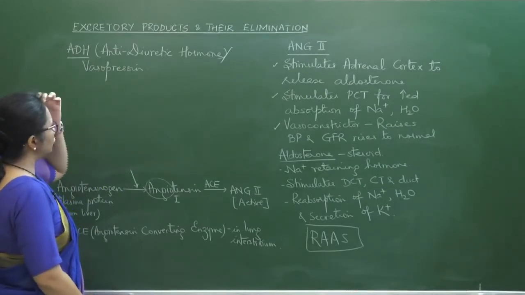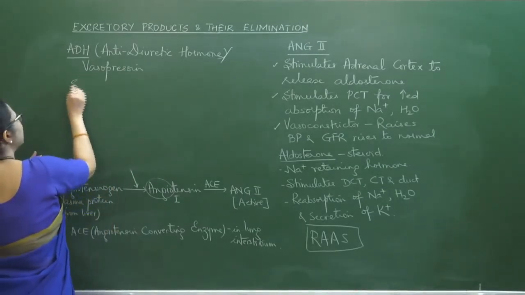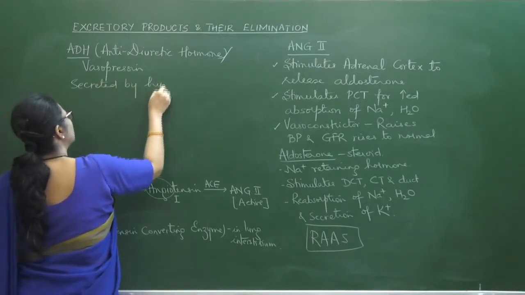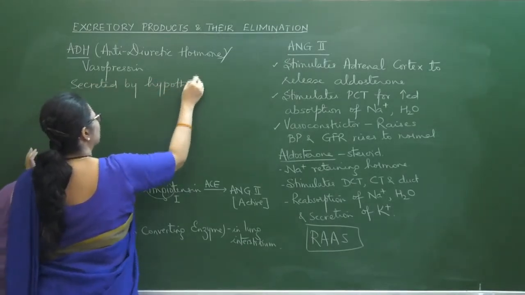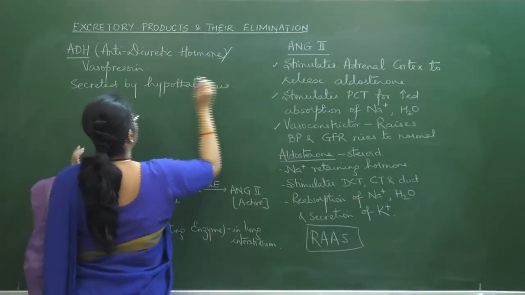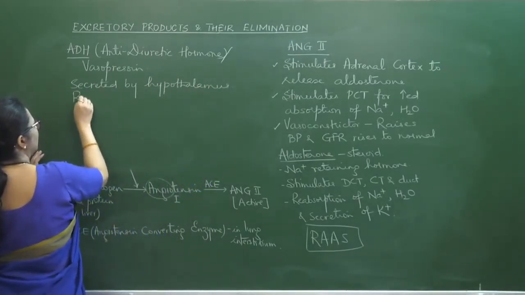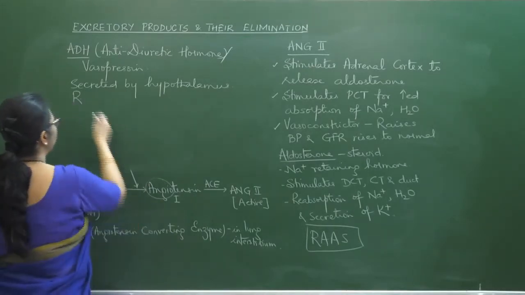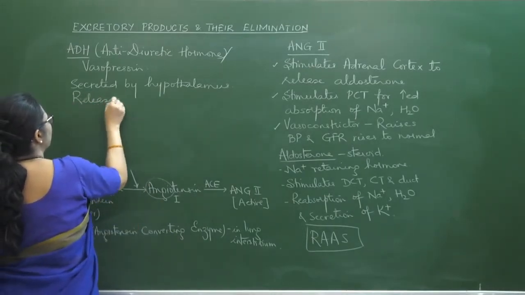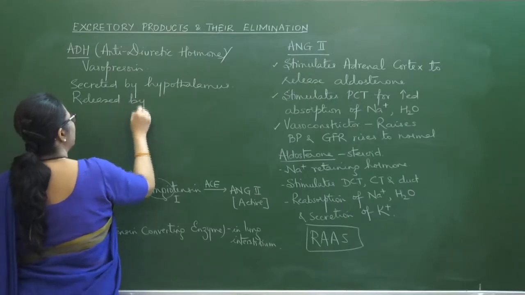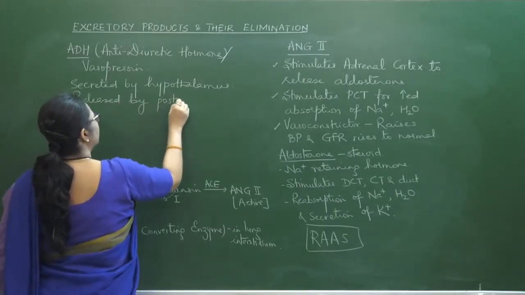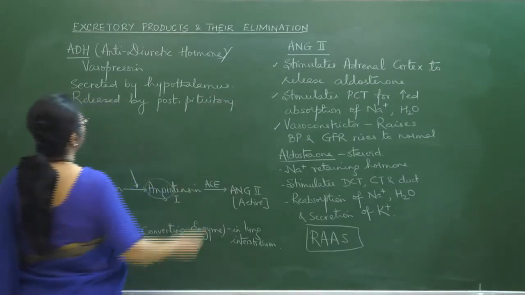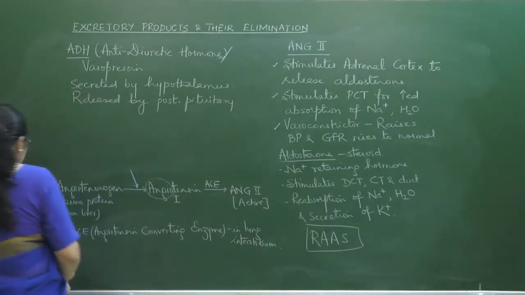Now this ADH is secreted by the hypothalamus, but from the nerve endings it will come into the pituitary, from where it is going to be released into the blood. So it is released by the posterior pituitary. Now next question is, when is this ADH released?